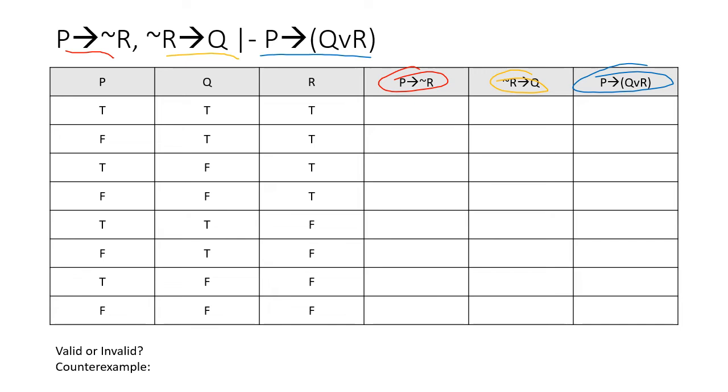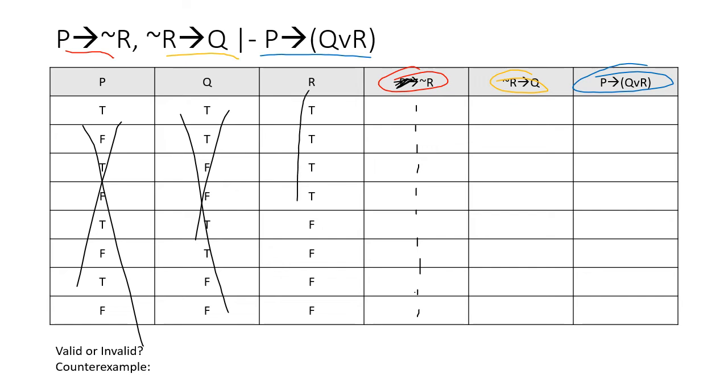We've got the tilde and the arrow, and here I think probably by now you can see that the tilde has to get done first because it's only tildeing the R. So we're going to ignore the P arrow for right now, and so we can ignore these columns too for the moment. So tilde R, we're just going to take these values and flip them over so that the T's become F's and the F's become T's.